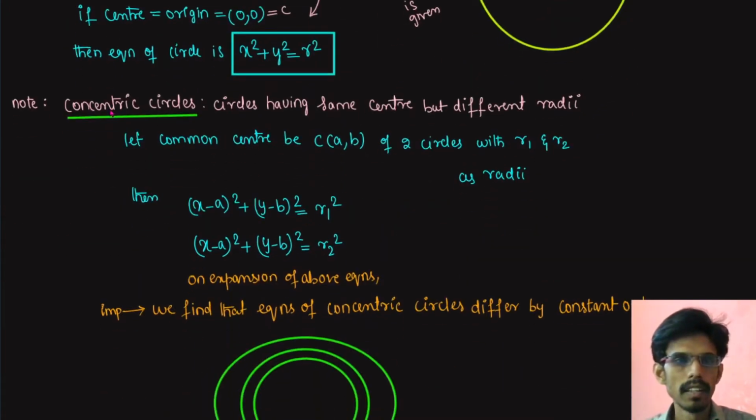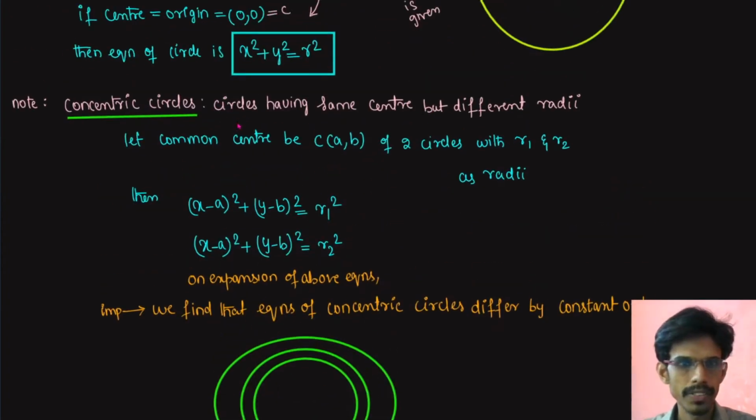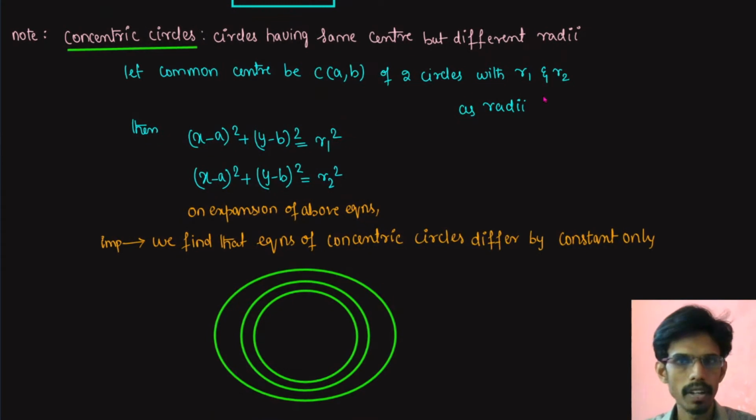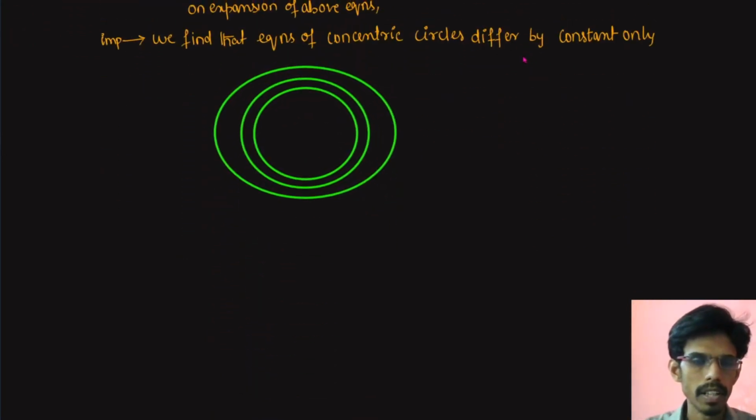Now concentric circles. See here, these are the concentric circles. Circles having same center but different radii. So look at here. Here we have a set of circles, but the center C is common to all of them. Let us take the center as A comma B. For the first circle, the radius will be R1.